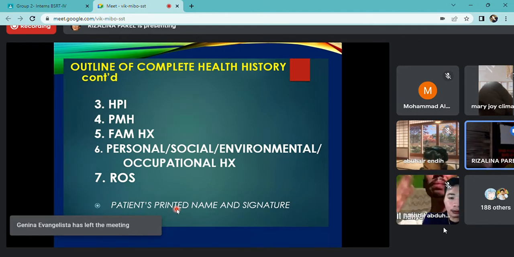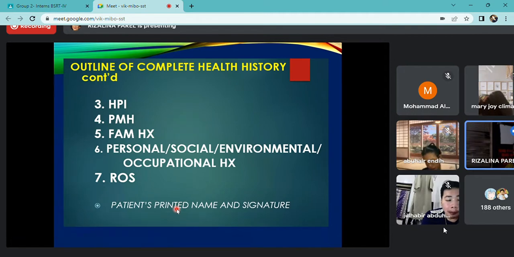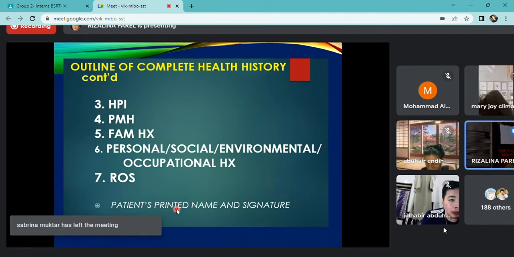Okay, so lahat yan dapat nasa personal, social, environmental, and of course, yung kanyang occupational history, ano yung mga naging trabaho ng pasyente natin that can be related or may relevance doon sa kanyang present condition. Baka naman kasi minor siya.